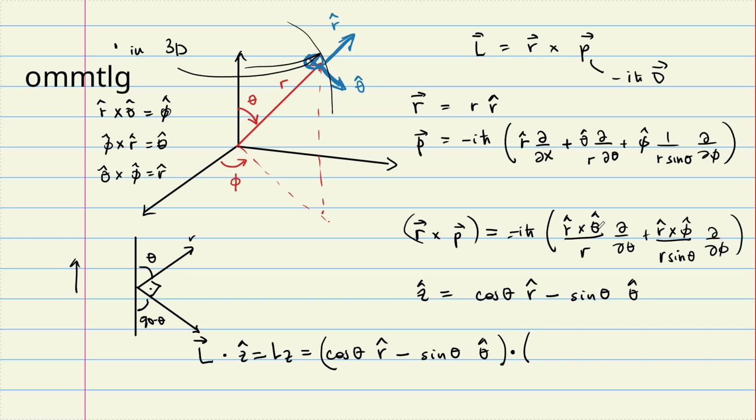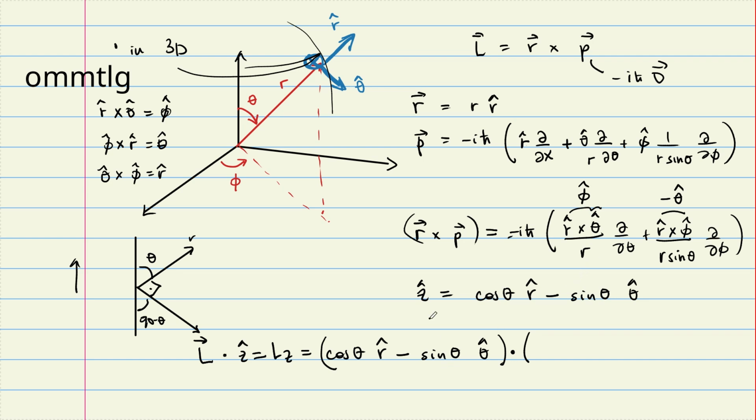But R cross theta is phi hat, and the other one is R cross phi. R cross phi is minus theta hat.